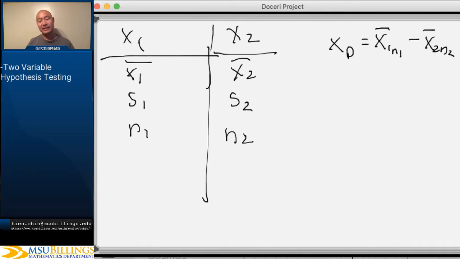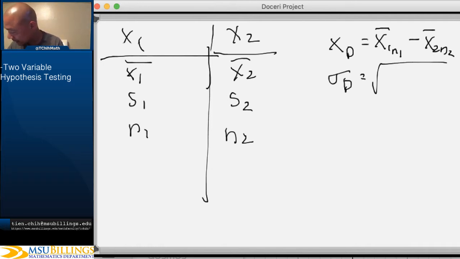then the difference is going to be the difference in the sampling variables. It's going to have as a standard deviation the square root of S1 squared over N1 plus S2 squared over N2.